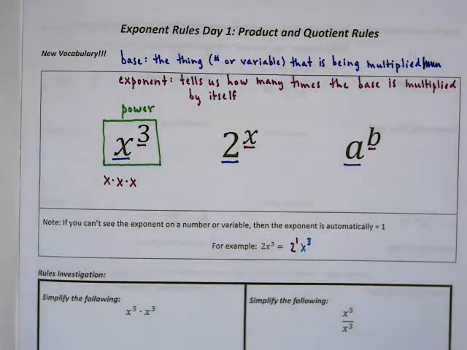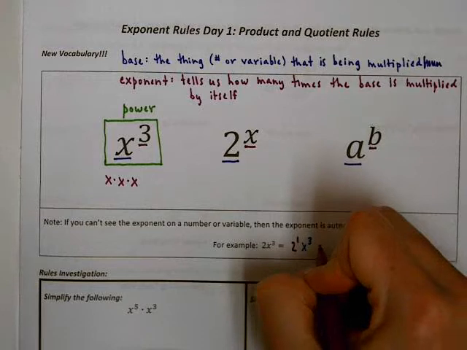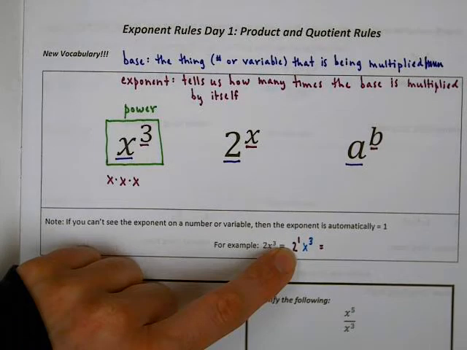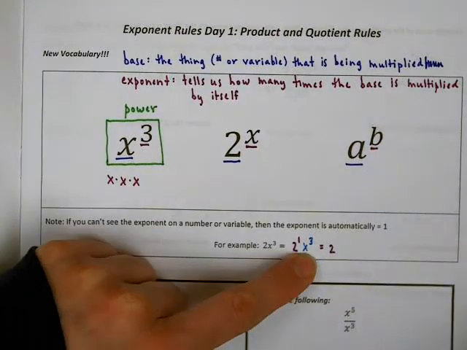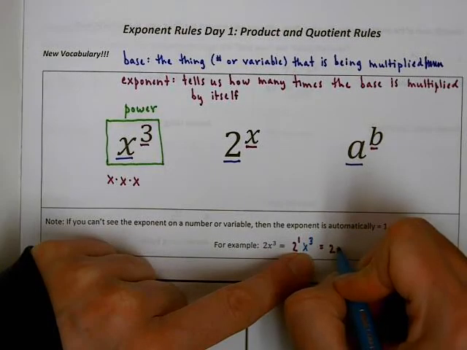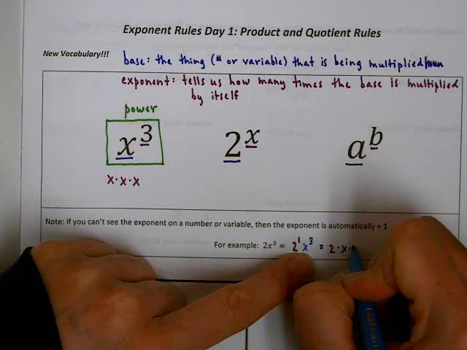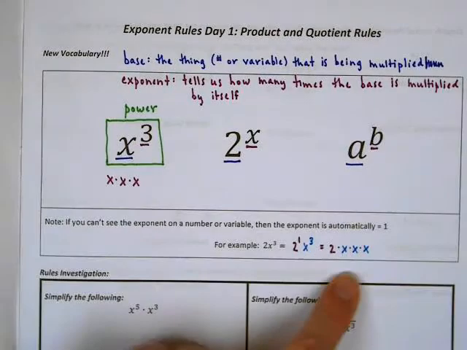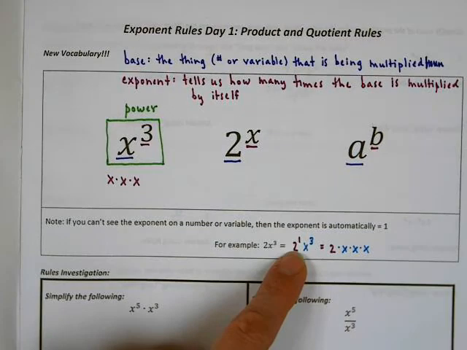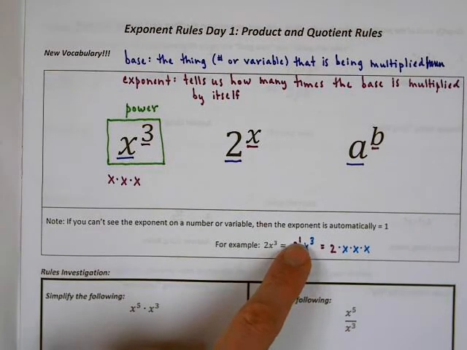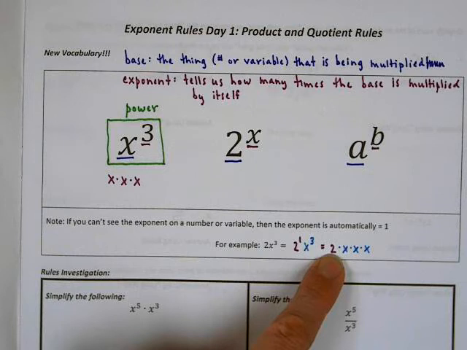If I write this out the long way, it says take 2 and multiply it by itself once, so I just have 1 two. And then x has 3 of them, so I'd have times x times x times x. That's how I'd expand that out. We want to be careful that since the 2 doesn't have an exponent, we only have an exponent of 1, so I only have 1 two when I expand it.